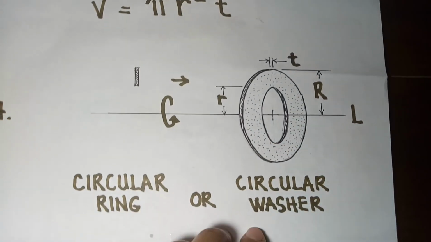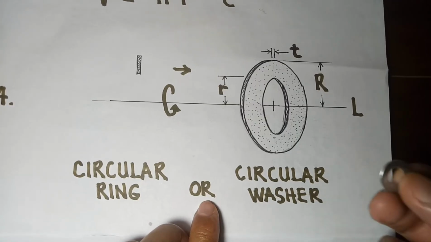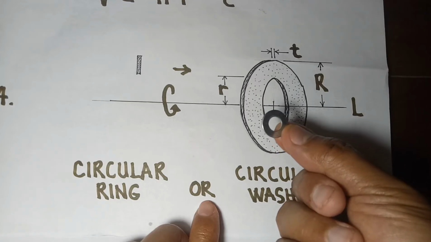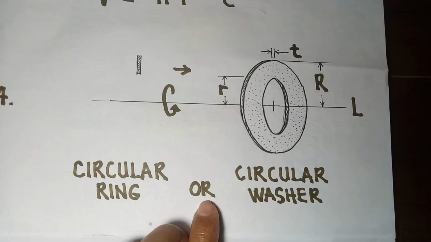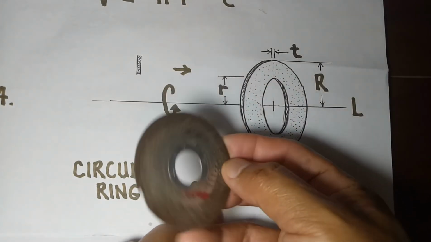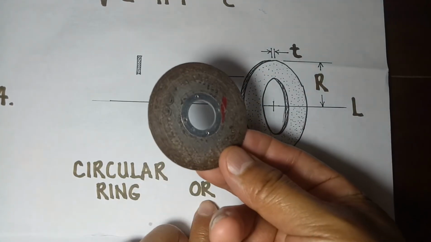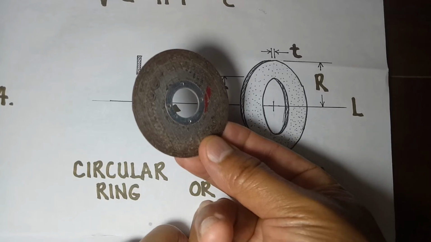So, ang tawag natin dyan ay circular ring or circular washer. So, ito yung halimbawa niya, kaya siya tinawag na circular washer. So, ito ay washer to. Sa panghalimbawa ng circular washer ay ito, ito ay cutting disc, ginagamit ito ng mga welder para pangkat ng bakal.